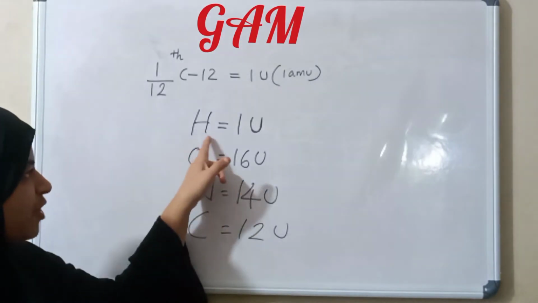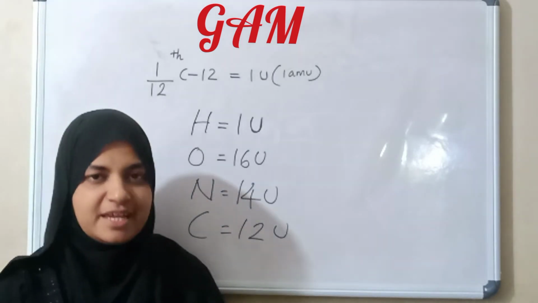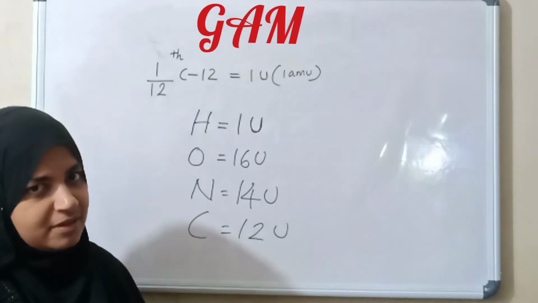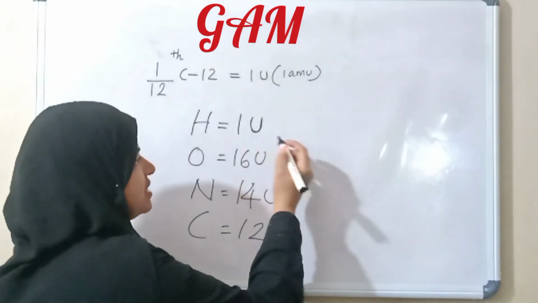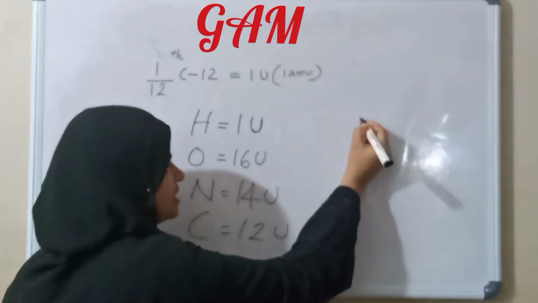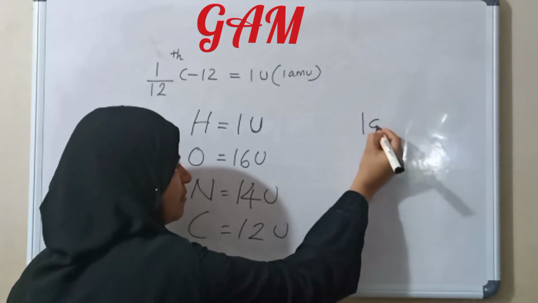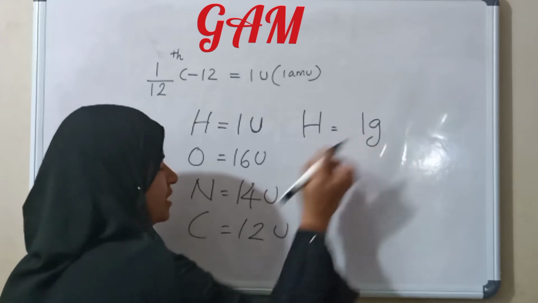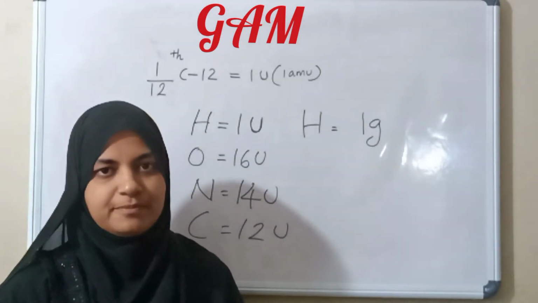When this atomic mass is expressed in gram, that is, this U is changed to gram, hydrogen's atomic mass expressed in gram is 1 gram.